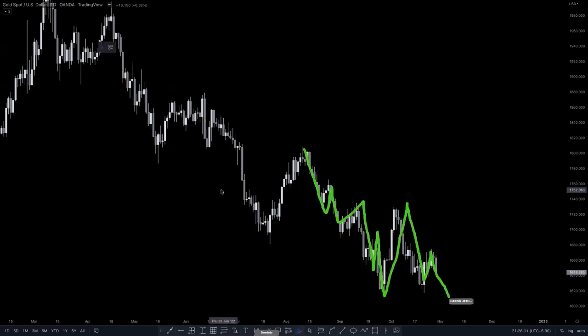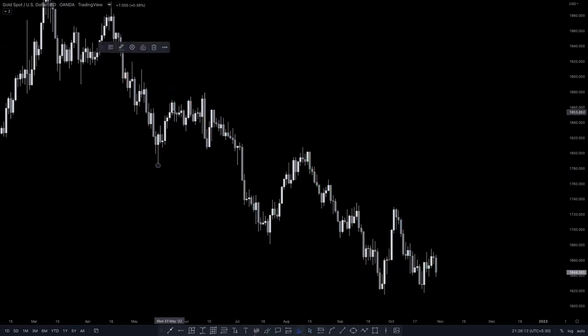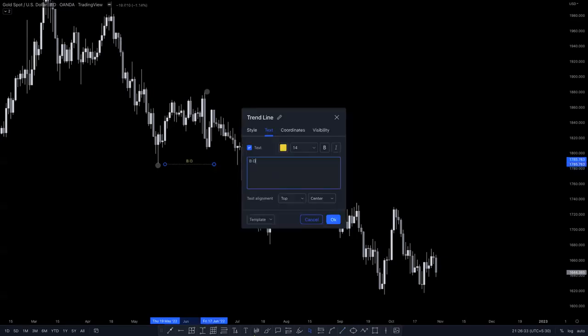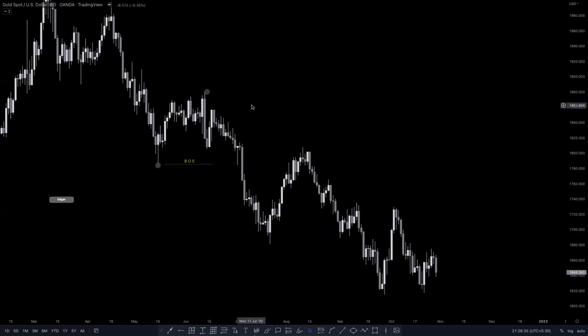So this one is our lower low, and in this case, this one is exactly the lower high, and the break of structure is here. So this one is our break of structure. Push downside again, lower low and lower high, and again break of structure is here.